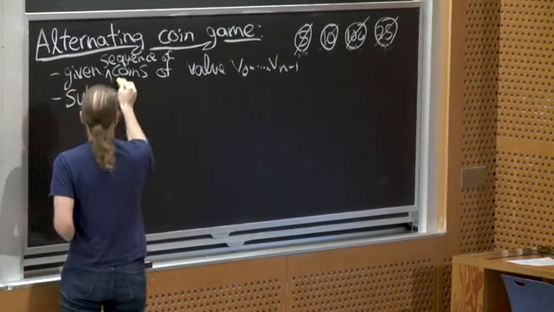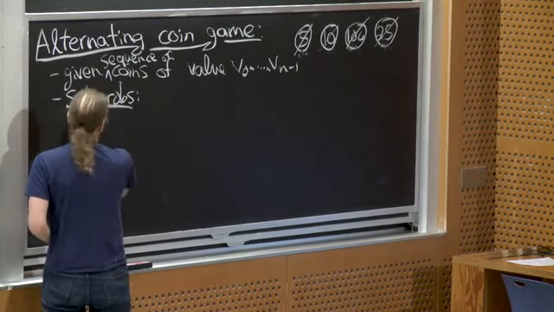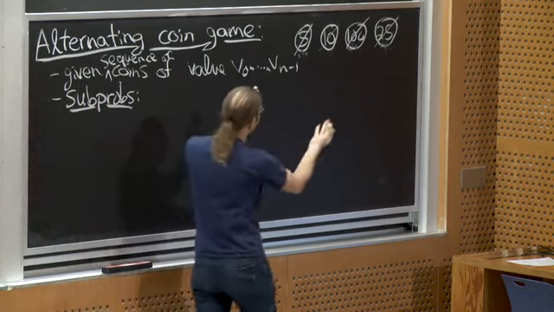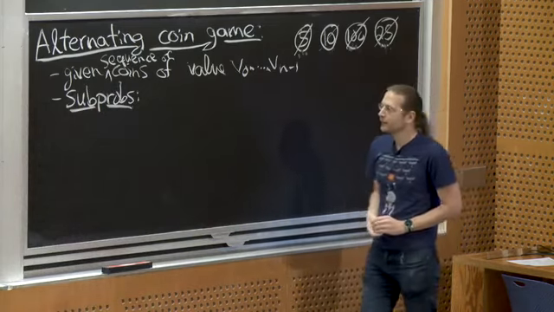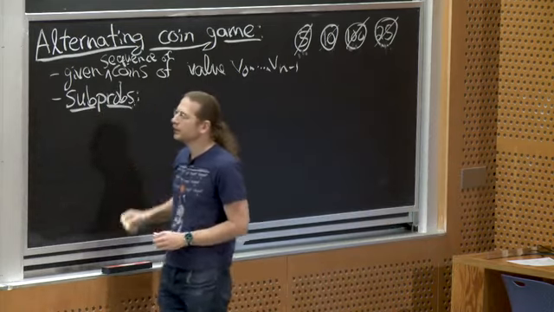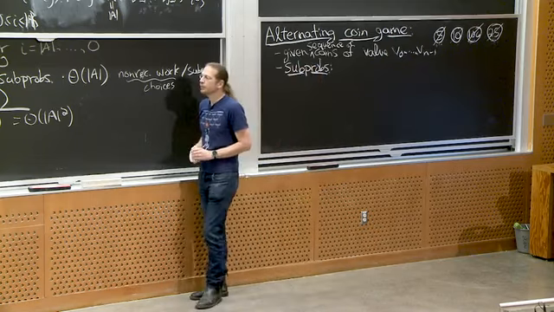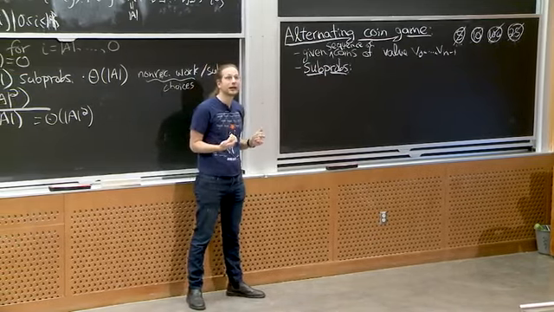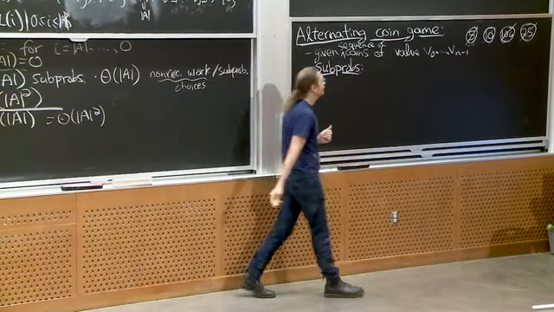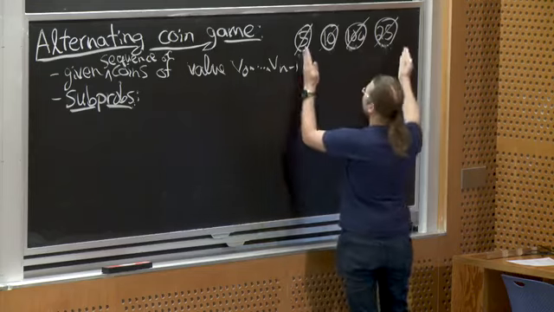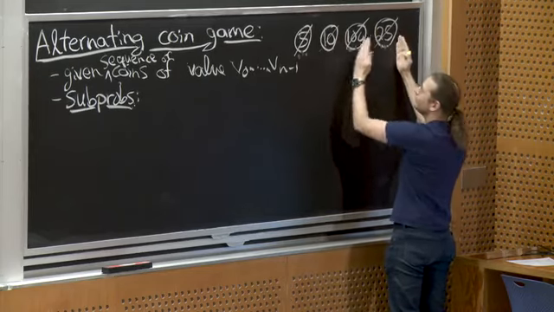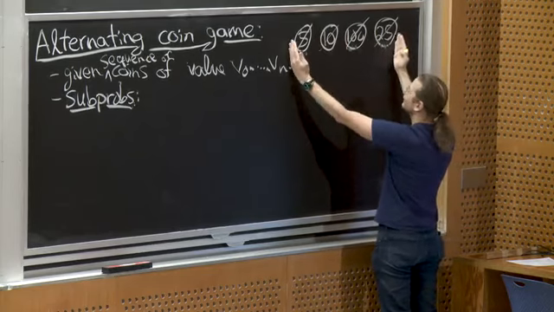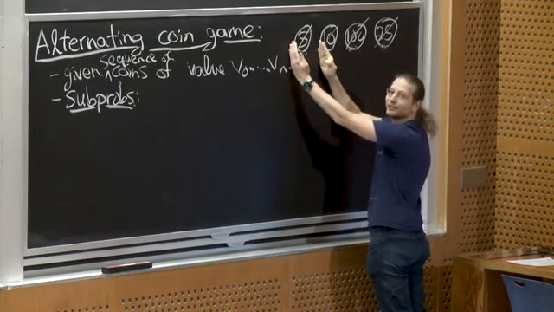So I won't write the problem exactly, but I think you know the rules. Choose leftmost or rightmost coin, alternating moves. So I'd like to define some subproblems. And this is a problem that's very naturally a substring problem. If I just looked at suffixes, that would deal with deleting coins from the left. And if I delete coins only from the right, that would give me prefixes.